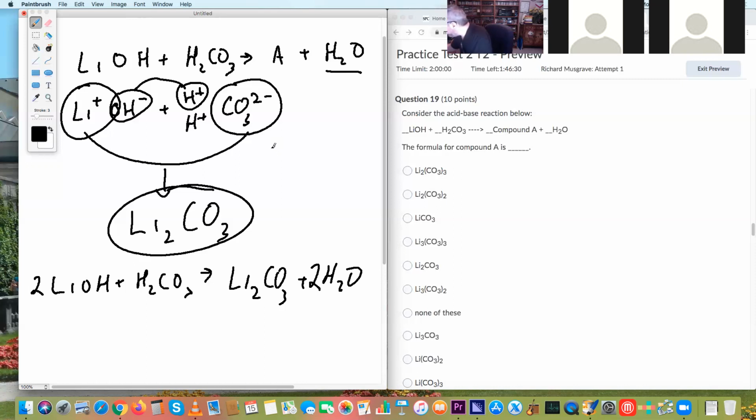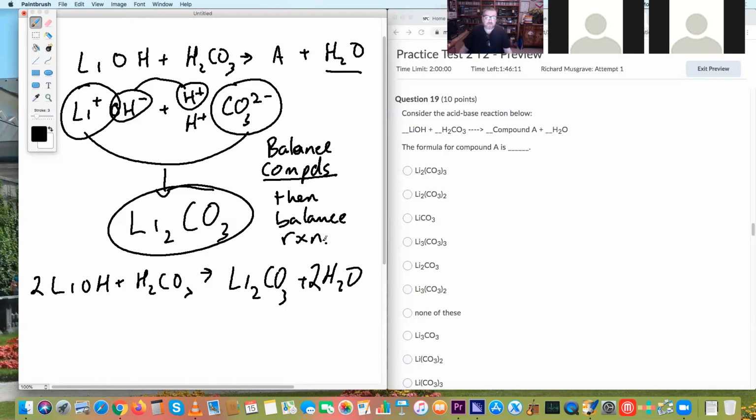So the message I'm trying to send here is balance the compounds first, and then balance the reaction. But in this case, you don't even need to do that second step because you've already got what compound A happens to be. It's always going to be a neutral compound, but keep in mind, you might have to add some things in order to make it balance out.